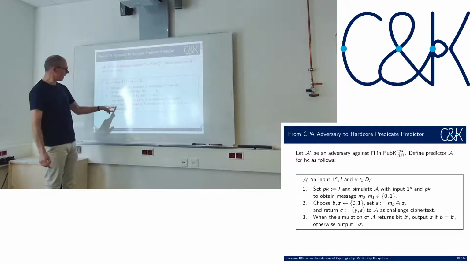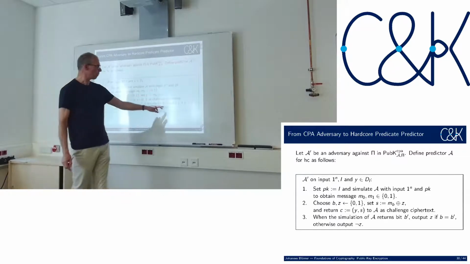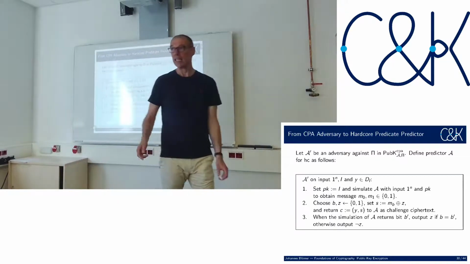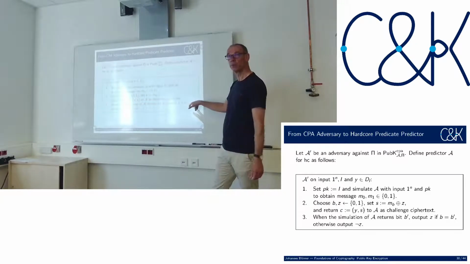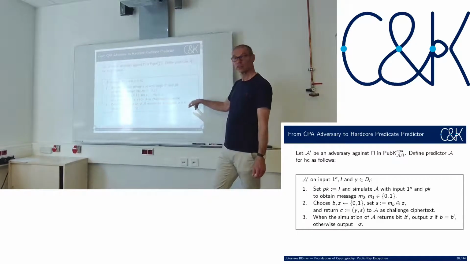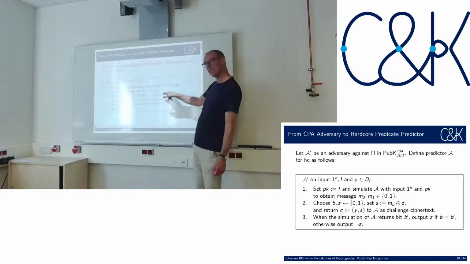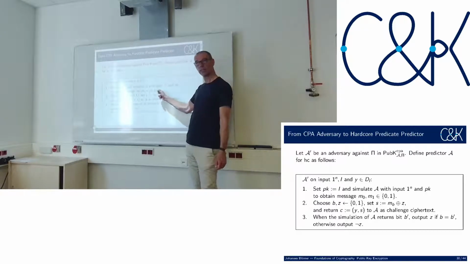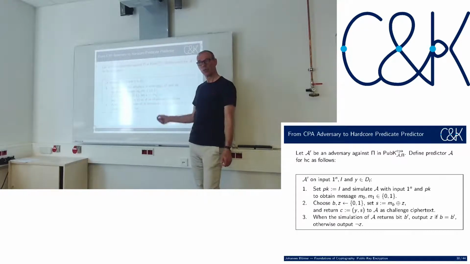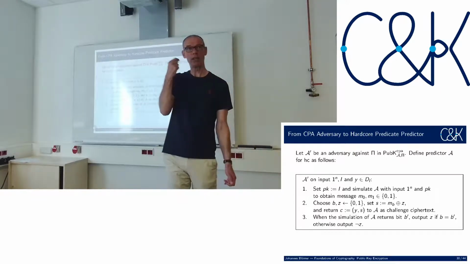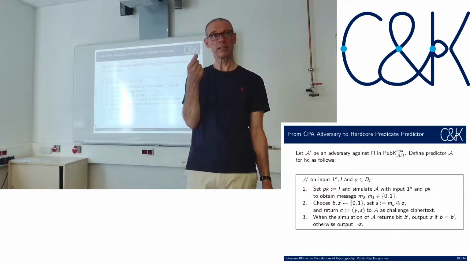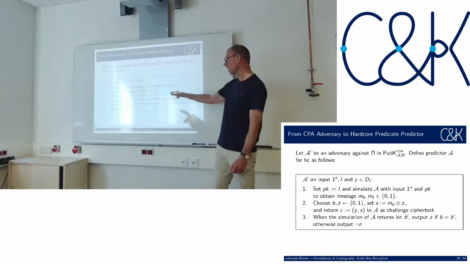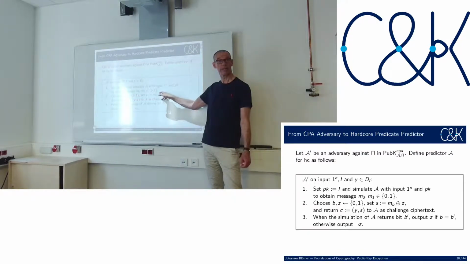And then we do the same. When the simulation of A returns a bit B prime, we output Z if B is equal to B prime. So if it is successful in decrypting, we think that this must have been a correctly formed ciphertext, and a correct ciphertext means that Z should be the hardcore predicate.